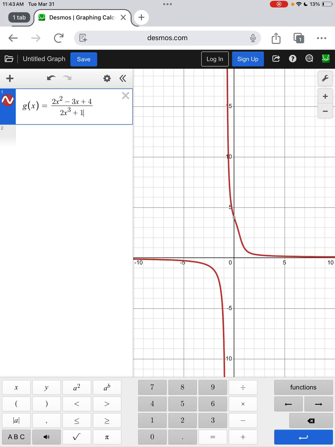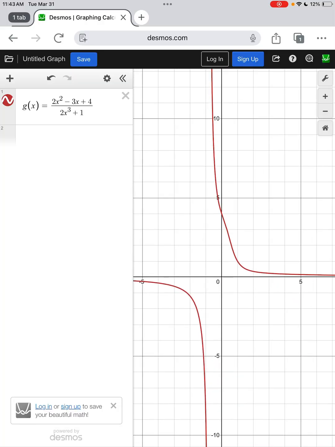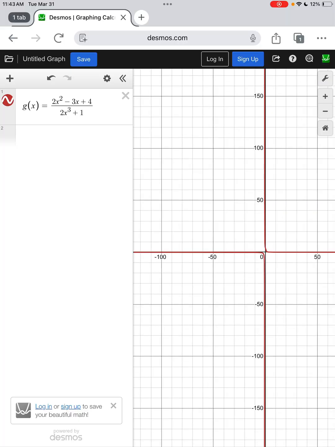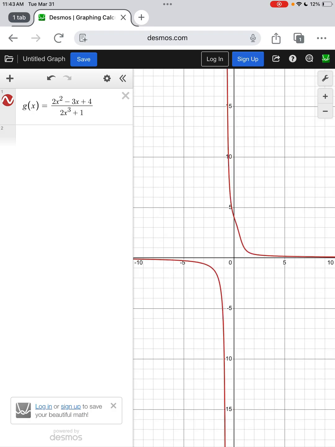So we've got our equation typed in. We can zoom in and out. In general, I would recommend zoom out. Just make sure the graph doesn't do anything crazy. You can always get back by hitting the home button in the top right. So we've got our graph.